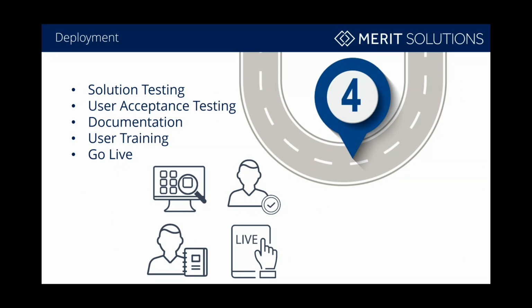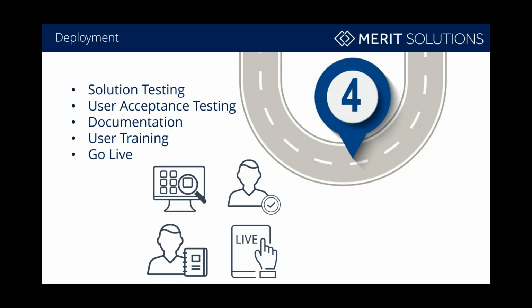This next phase 4 is really where you're going to be preparing the organization and the users to get ready for D365. You're going to do some quality assurance testing. Does the system do what I expected it would do? You probably did that in your first implementation.